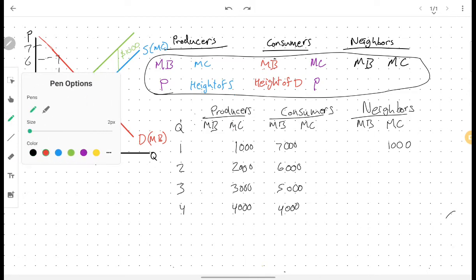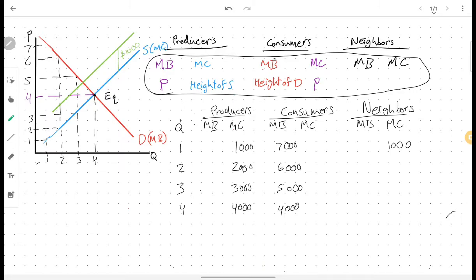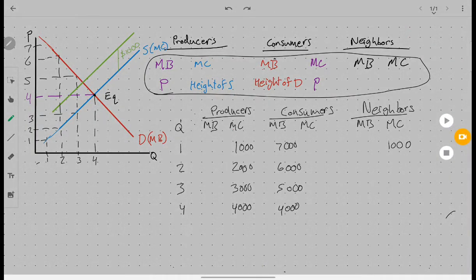And if the car manufacturer does produce one less car and gets $1,000 for it, well, what happens? Stop and think about it.